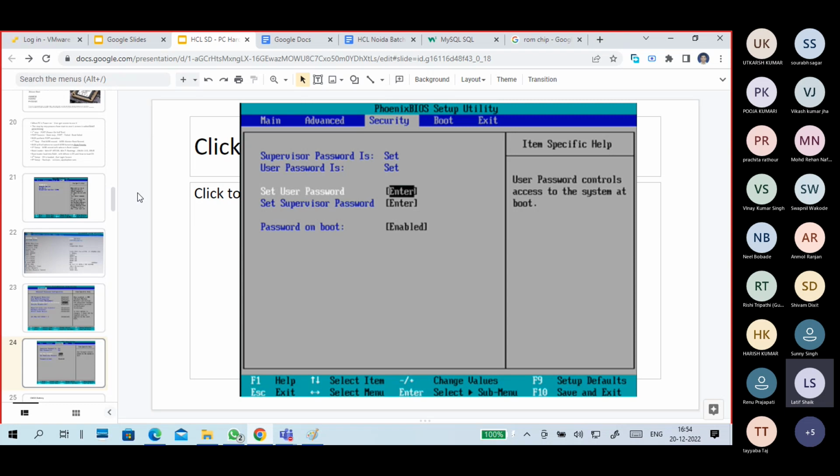Some people will go to your BIOS settings and try to change it. So what to do? We put a password for the BIOS settings. If anyone is trying to go inside your BIOS settings, it will ask for a password.